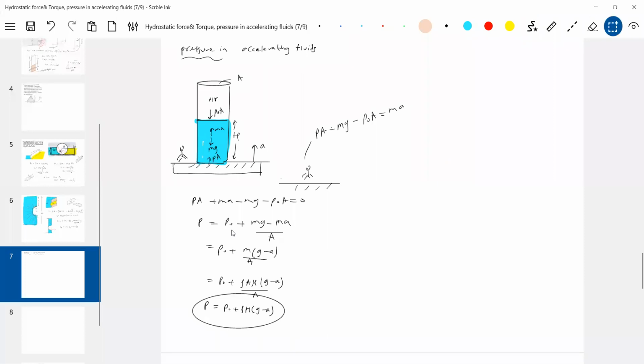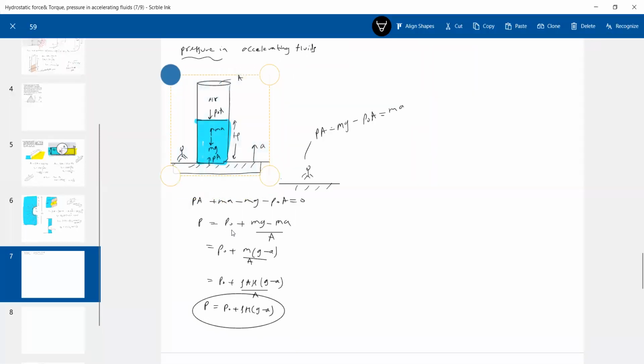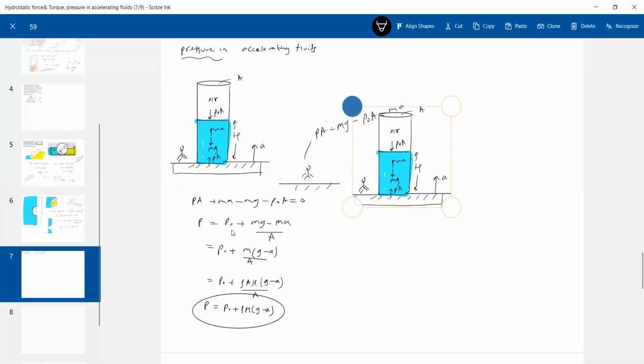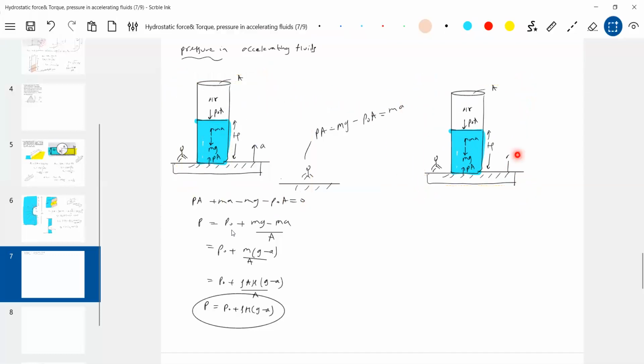If it accelerates down, then directly shall I write P naught plus rho H (g plus a)? Is it correct, or is anybody not making observation?